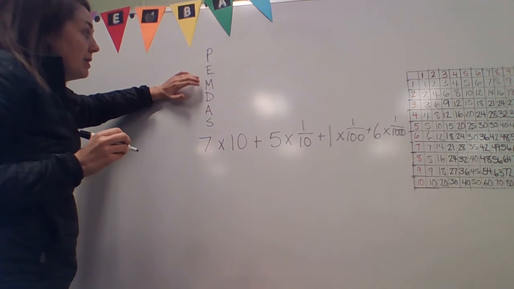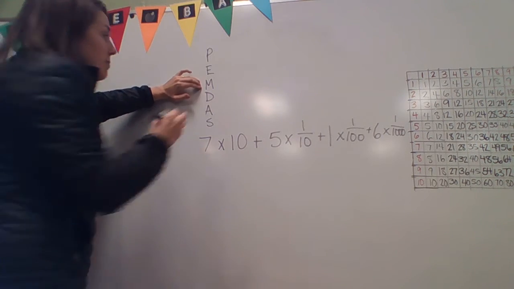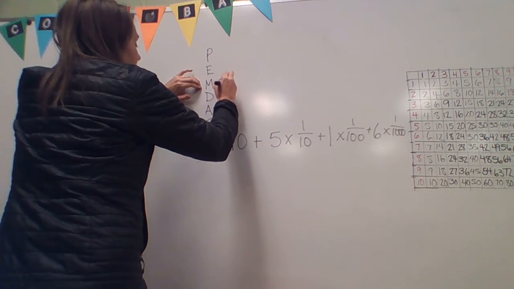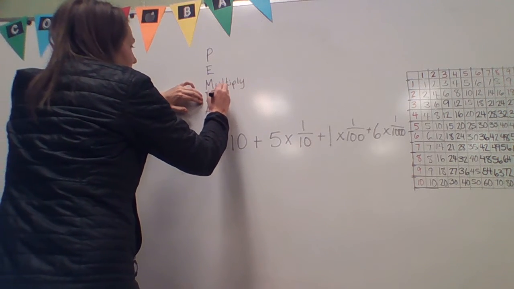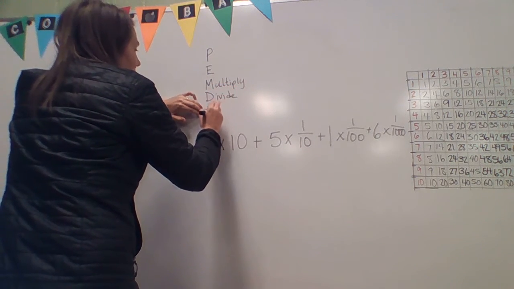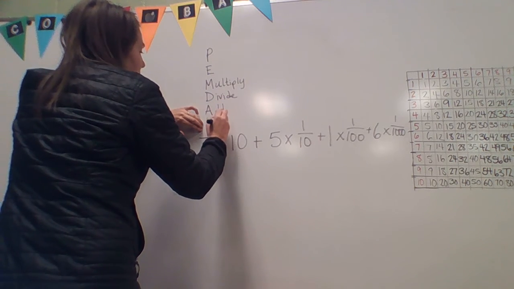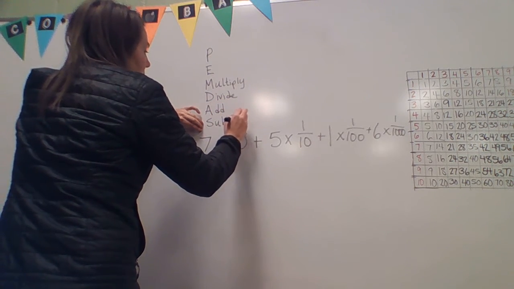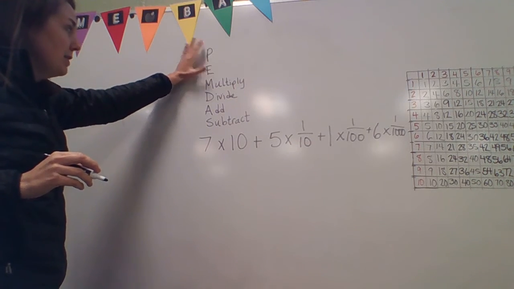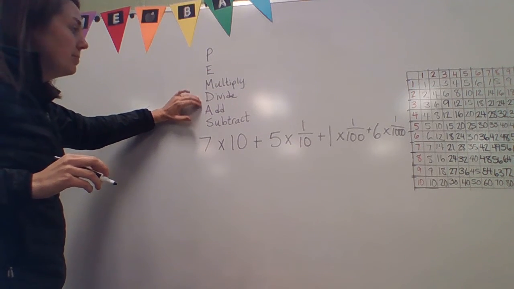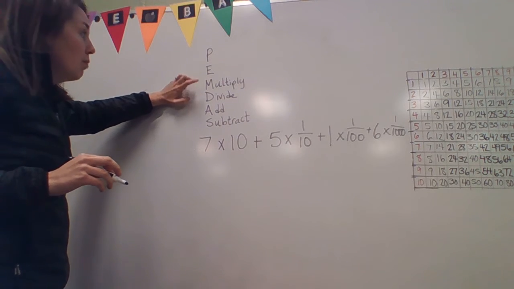I'm going to start in the middle. M is for multiply, D for divide, A for add, and S for subtract. So don't even worry about the P and the E for now.